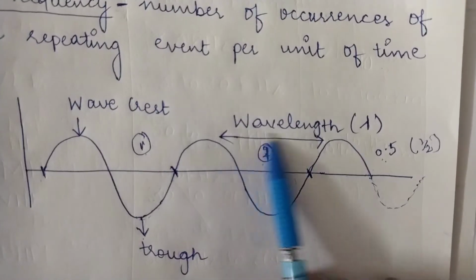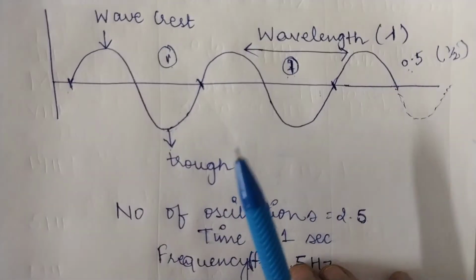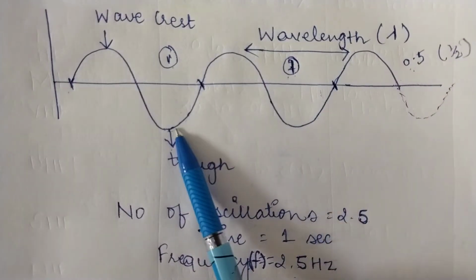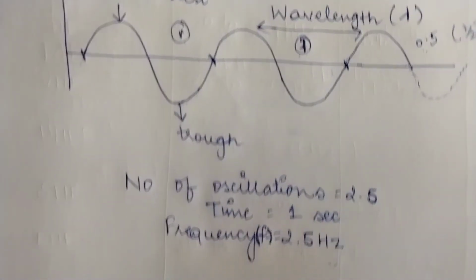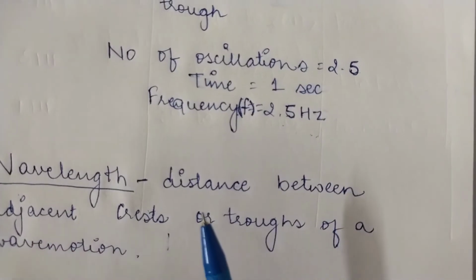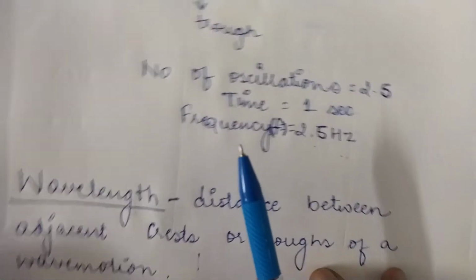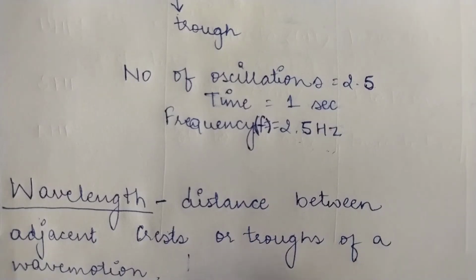Then if I talk of the wavelength, what is the wavelength? Now clearly from one crest to another crest or from one trough to another trough, right? So this is basically the distance between adjacent crests or adjacent troughs of a wave motion.